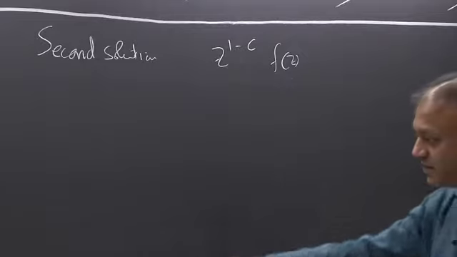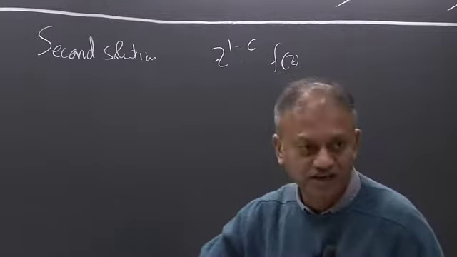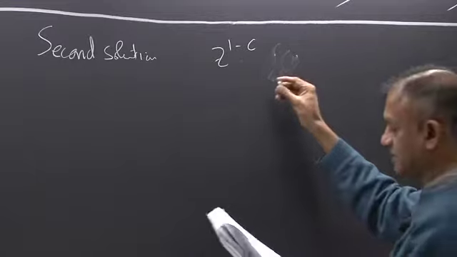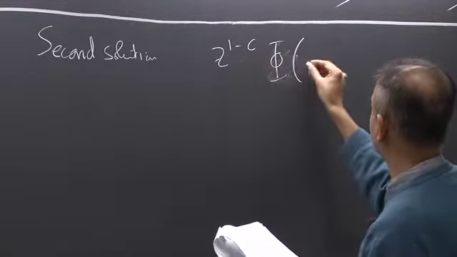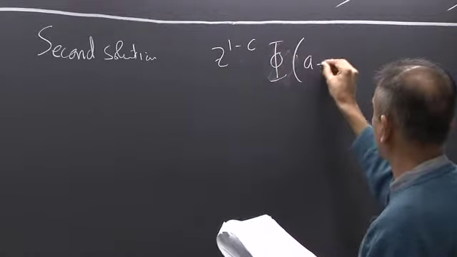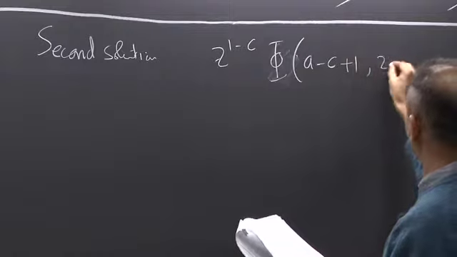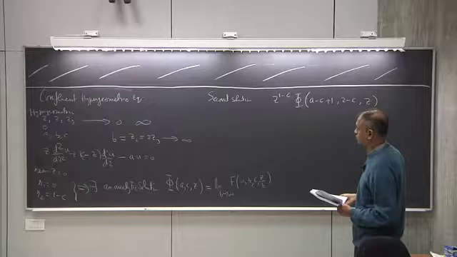This should again be given by this phi, because this is analytic, but just a and c will change. And by working that out, you find that the second solution is z to the 1 minus c times phi of a minus c plus 1 comma 2 minus c comma z. Okay. So these are the two solutions.